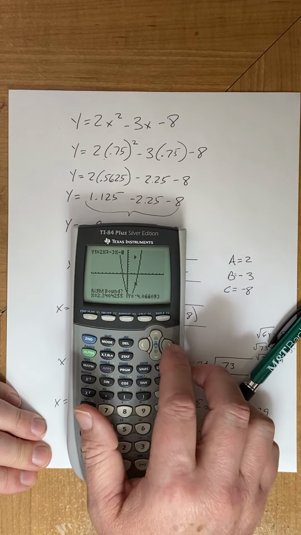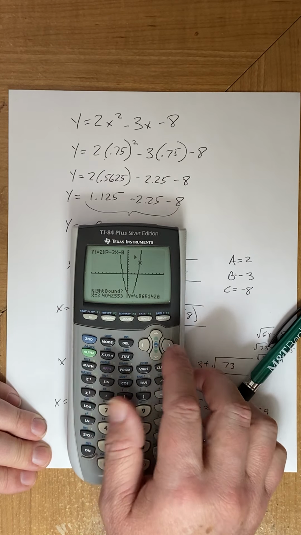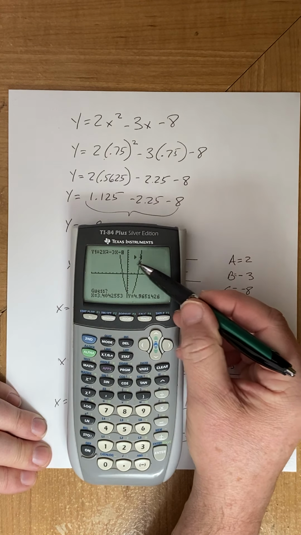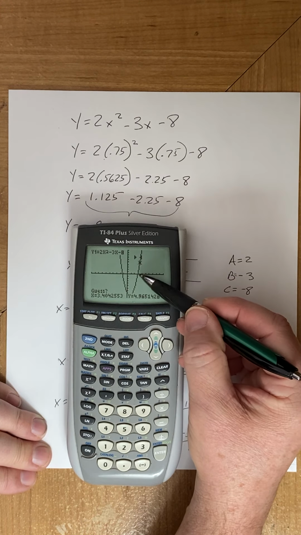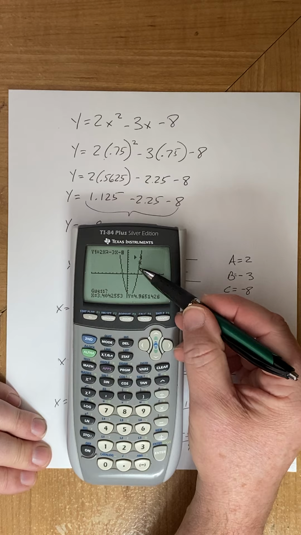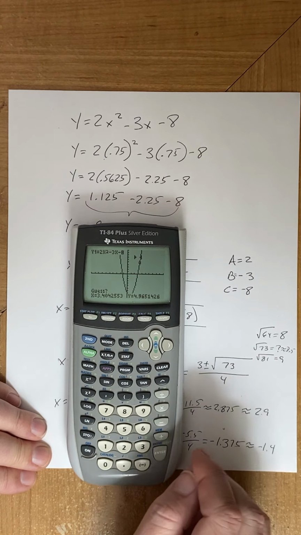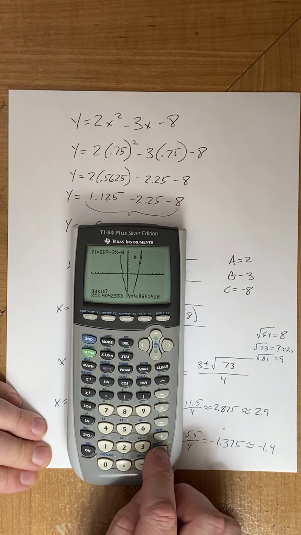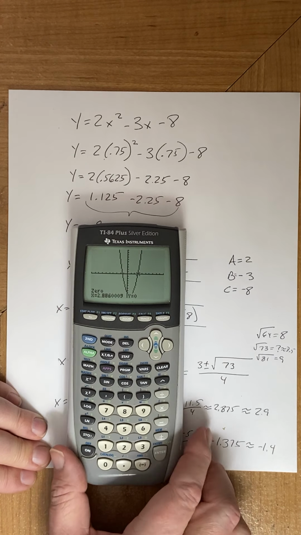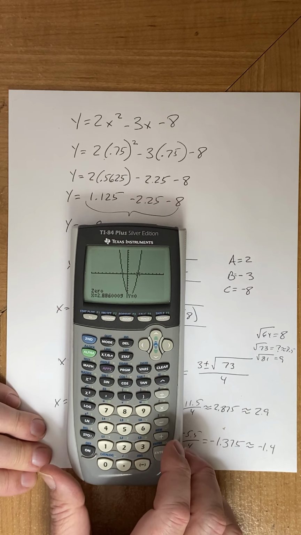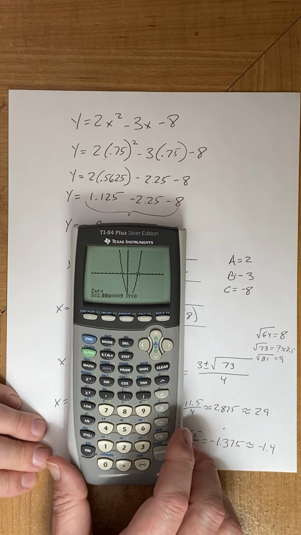There's the first one. Left bound there. There's the right bound. And again, now we're looking at that area in between those two arrows, which is where it crosses the x-axis. And we had 2.9, so again, we're looking for a number close to 2.9. 2.88. Well, heck, that's certainly good enough for me.